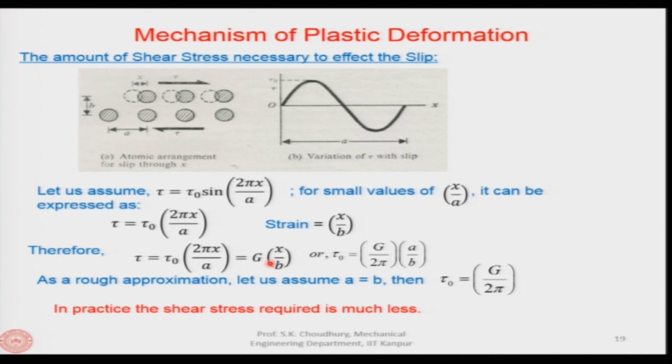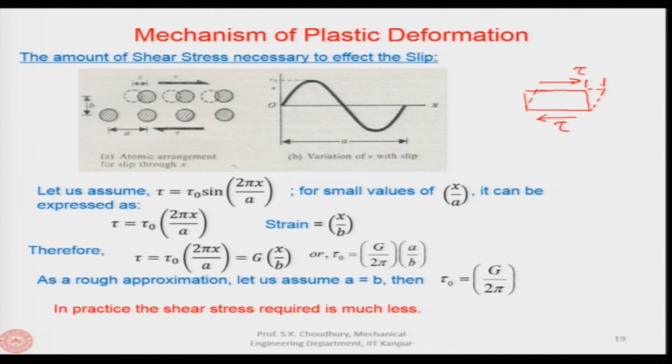Now, the strain because of this applied shear stress tau can be considered to be this movement divided by the distance between the layers, x upon b. You understand what I am talking about: suppose you have a block like this, and because of the stress you are applying, the material has moved like this.